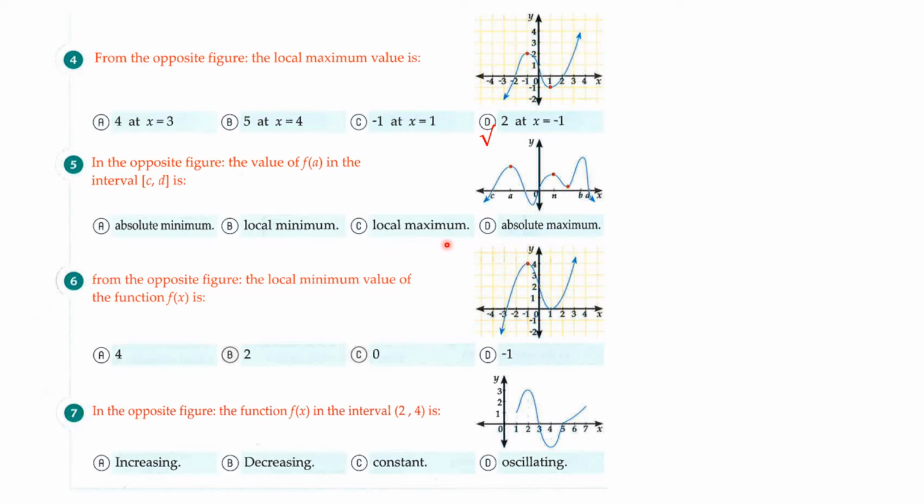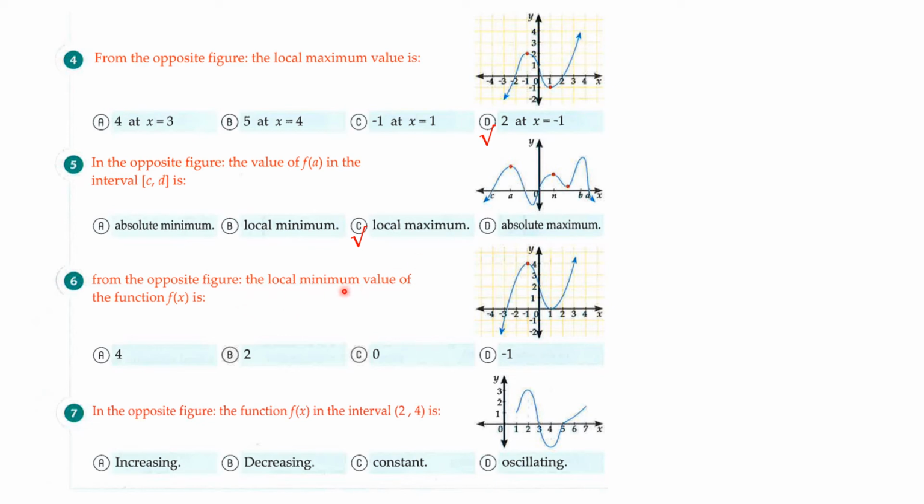Is it a local maximum or an absolute maximum? What's the difference? A local maximum is, as you can see, the peak of one of the parabolas or one of the curves. But it's not the maximum point in the whole graph. Absolute maximum is the maximum point in the whole graph, which is going to be this point. Okay, so this is just a local maximum.